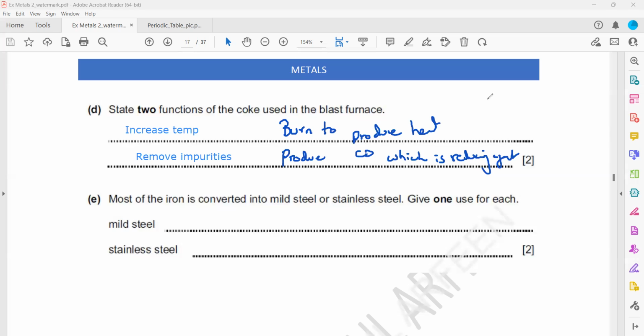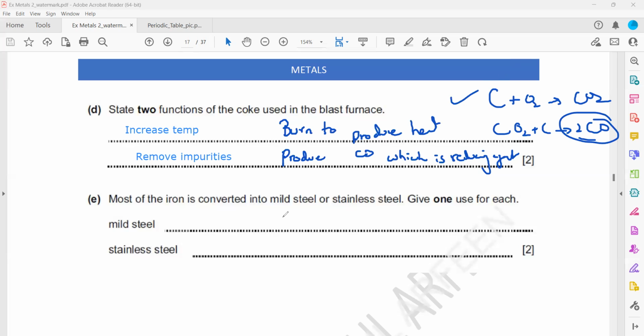When carbon reacts with oxygen, it gives carbon dioxide. That is one use, to produce heat energy. Carbon dioxide further reacts with more carbon, or coke, to produce carbon monoxide. And this carbon monoxide is a reducing agent.